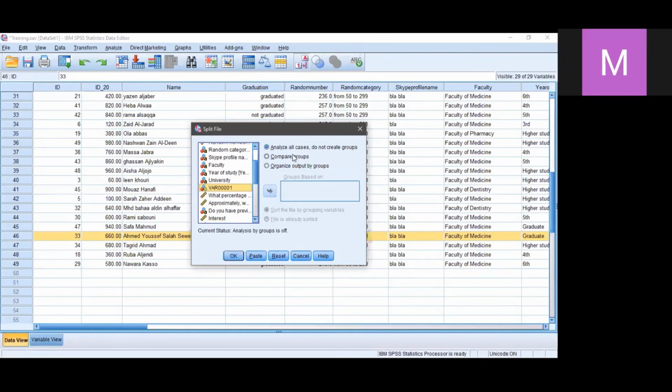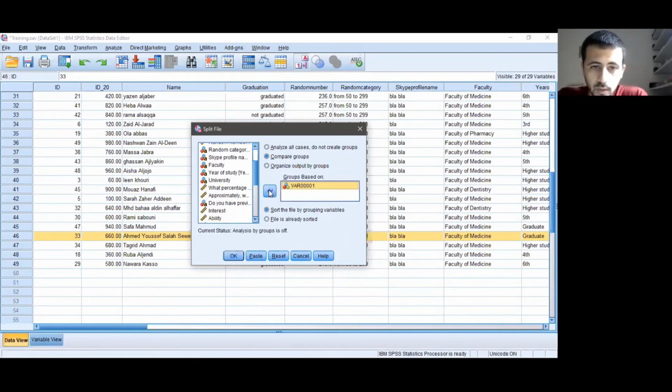But here we need to compare groups, and the groups will be based on this. What do you remember about those? Those are Damascus University, the group of 1, and not Damascus University, the group of 0. Okay, and I'll press OK.